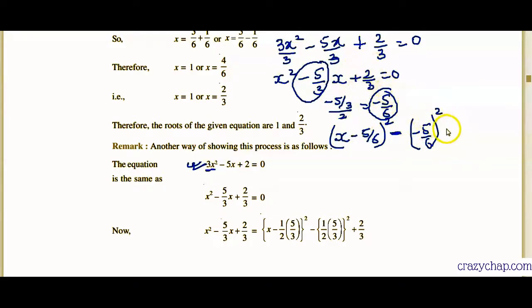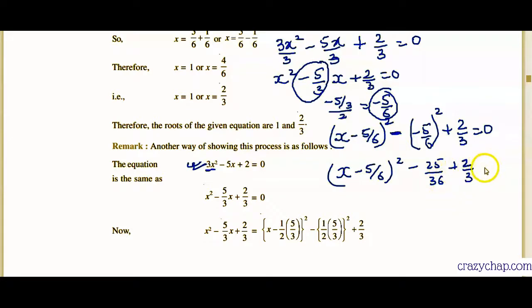Then we write down the next term which we had, which was 2 over 3 equal to 0. That makes it simple. Let's simplify. x minus 5 over 6 whole square, and while doing that we'll get minus 25 over 36, and this is plus 2 over 3 equal to 0. And we'll bring these two terms on the other side. We have to solve for x.